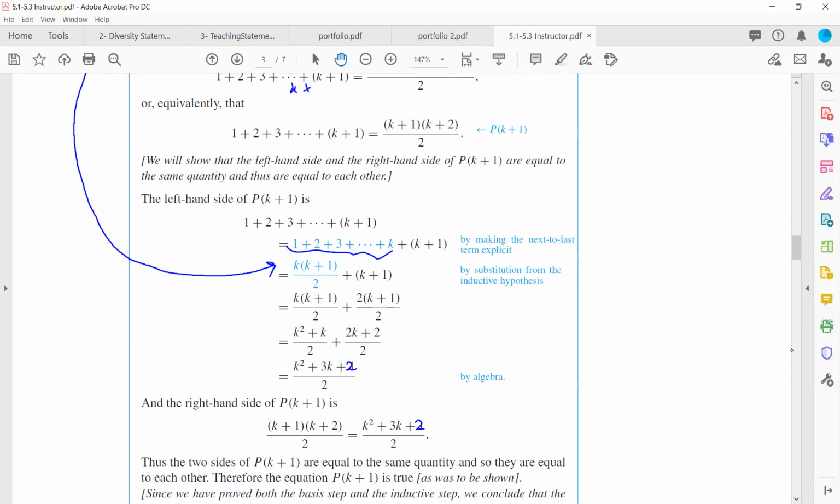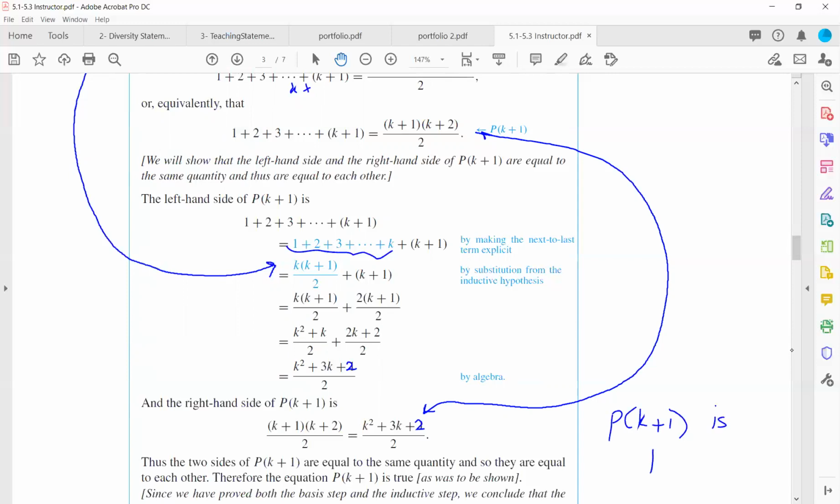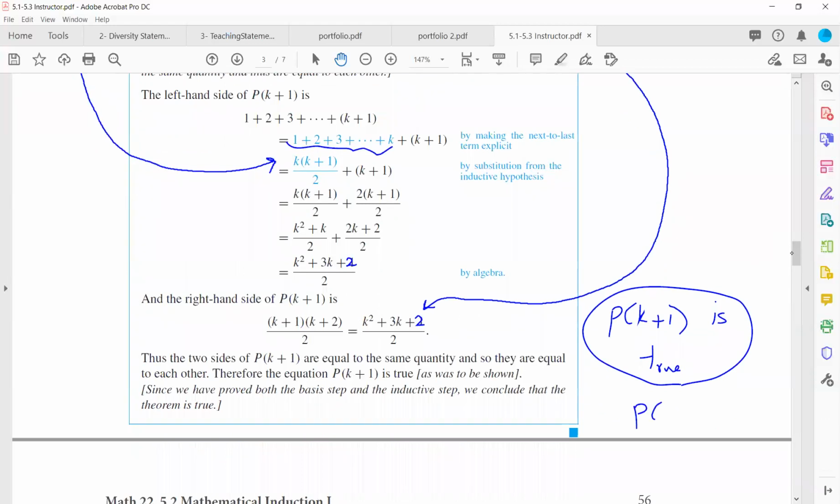So the factored form is equal to (k plus 1) times (k plus 2) divided by 2, which, as you can see, is equal to the right-hand side. So you started from left-hand side and showed that left-hand side is equal to the right-hand side. So we just proved P(k+1) is true. So what's the meaning of that? It means that the general statement P(n) is always true.